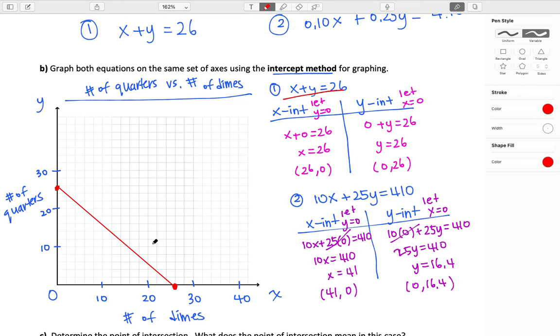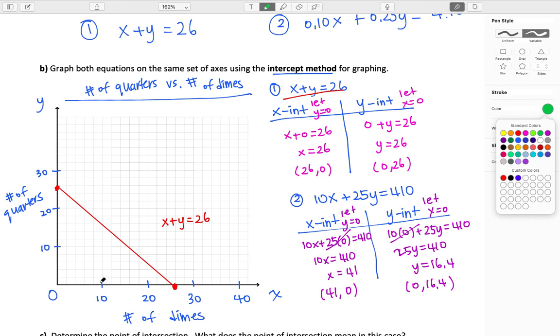Okay, now this one, I'm not going to go beyond it with an arrow because you cannot have a negative number of dimes or negative number of quarters. It has to be positive. So for this one, it's going to be x plus y equals 26. For the next, I have 41 for x-axis, so it's about here.